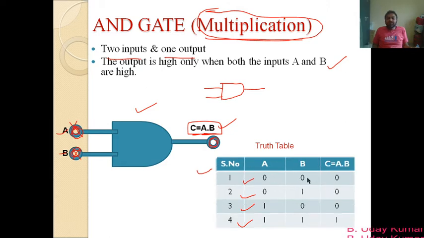If both the input terminals are given a low potential, represented by 0 and 0, it is found that the output will be 0. Similarly, if 0 is given to A and high is given to B, then also the output is low. And if you have given high potential to A and low potential to B, then also it is found that the output is 0.